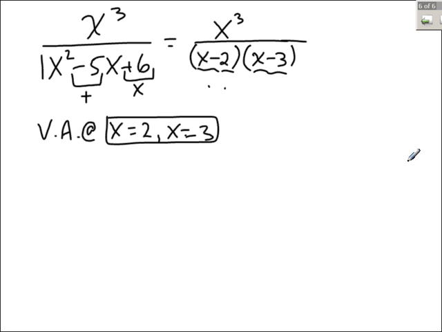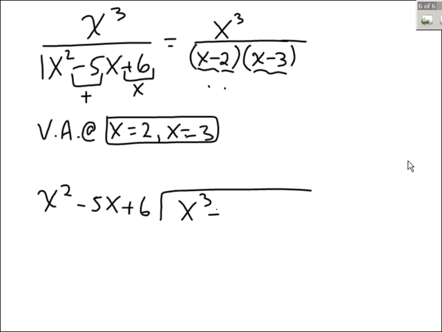Now for horizontal asymptote. Since the degree of the top is exactly 1 more than the degree of the bottom, we have to do long division. We have to do x squared minus 5x plus 6 into x cubed. And if you need, no x squared, no x's, plus no constant.